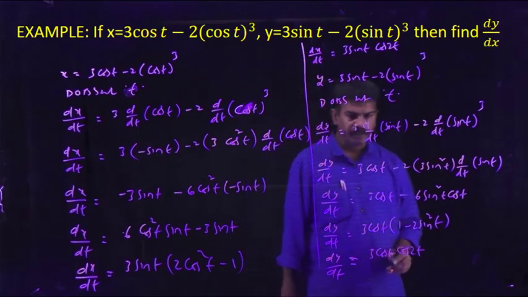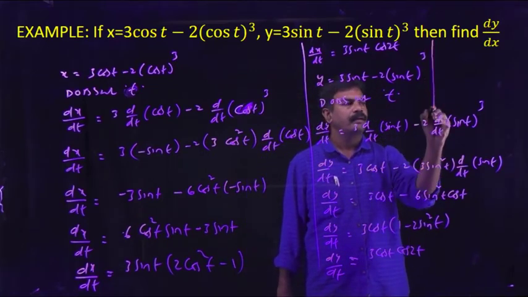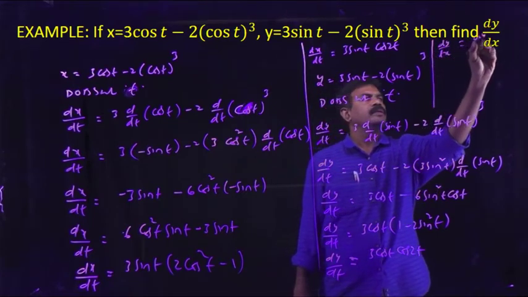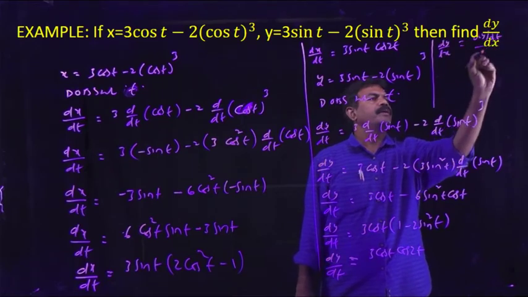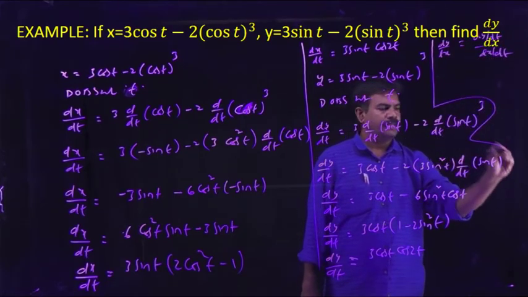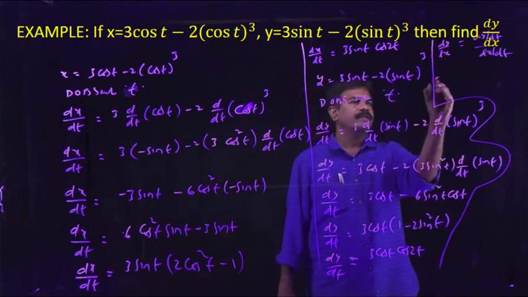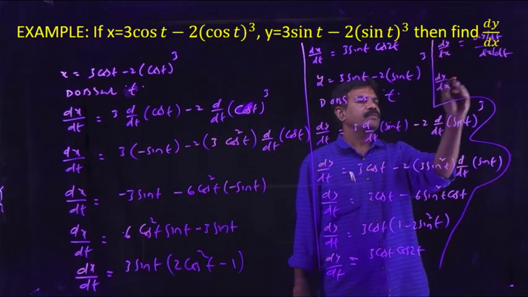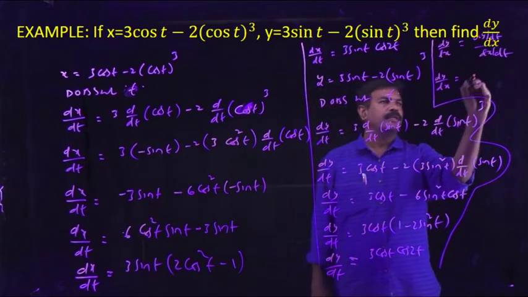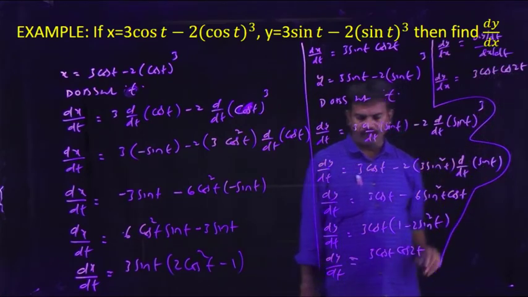Now we take dy by dx. dy by dx is equal to dy by dt by dx by dt. So we know the value of dy by dt, that is 3 into cos t into cos 2t.